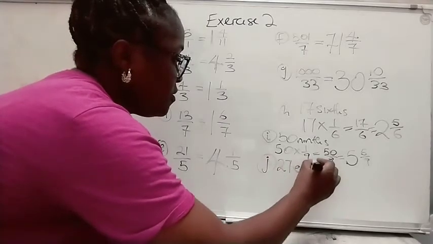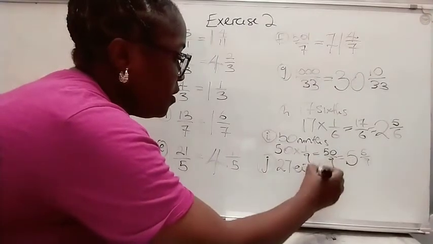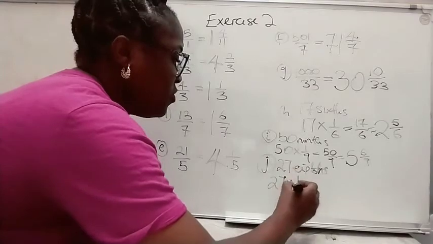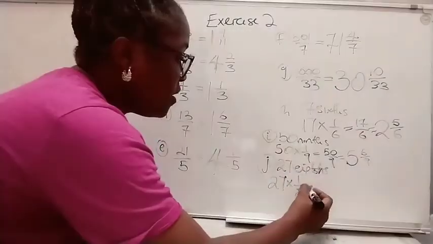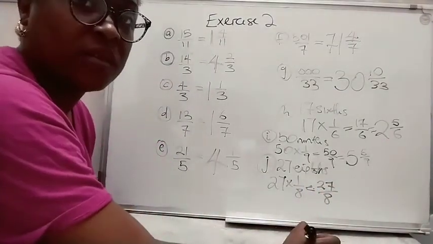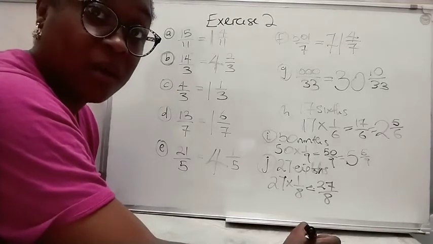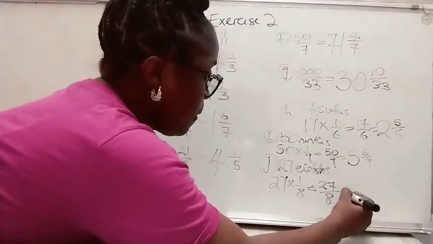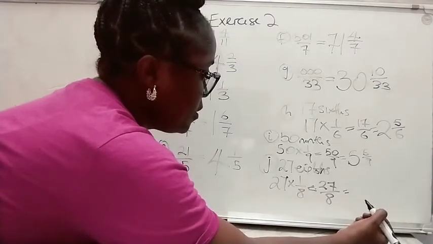Okay, and then the final exercise in this section is 27 eighths, which is 27 times 1 over 8. So the final answer will be 27 over 8 as a mixed fraction. Converting it to a mixed fraction, what is the multiple of 8 that is closest to 27?